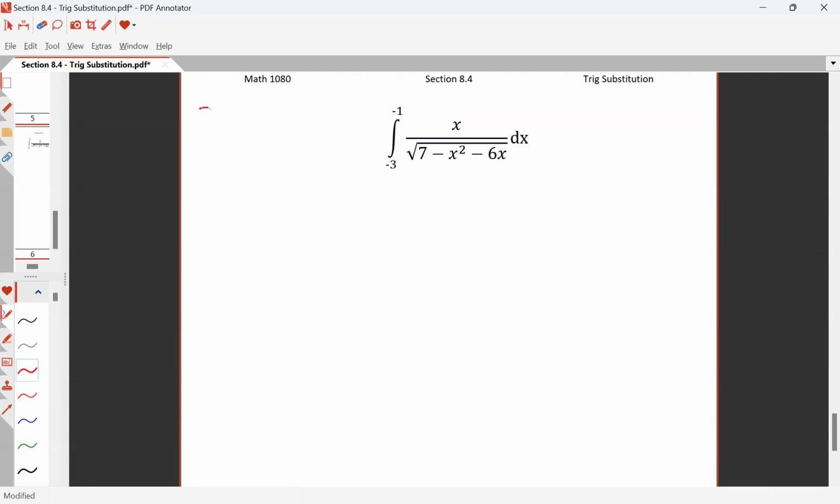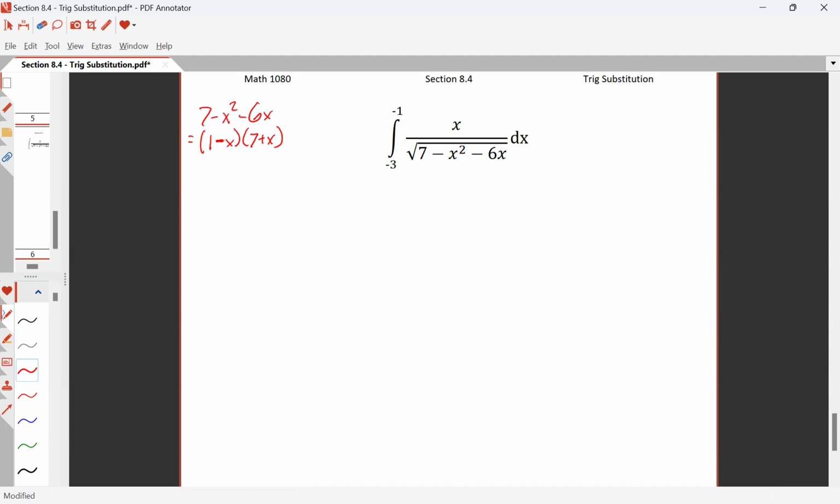But the factorization of 7 minus x squared minus 6x is 1 minus x times 7 plus x. And if I put that under a square root, there isn't any simplification that can end up happening as a result of that. The square root won't cancel away because it's not a perfect square trinomial.